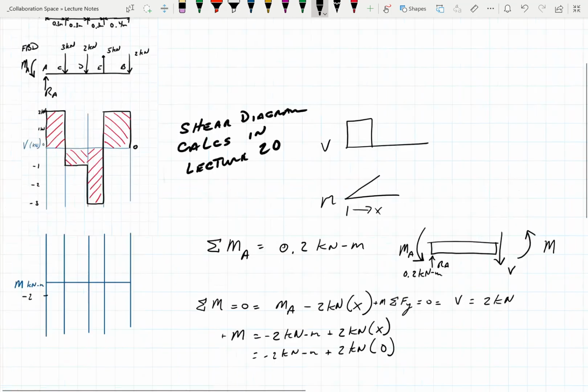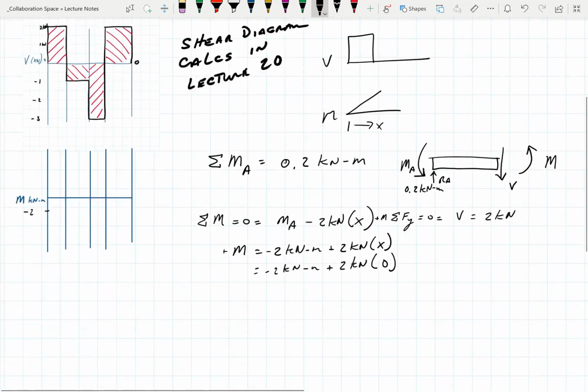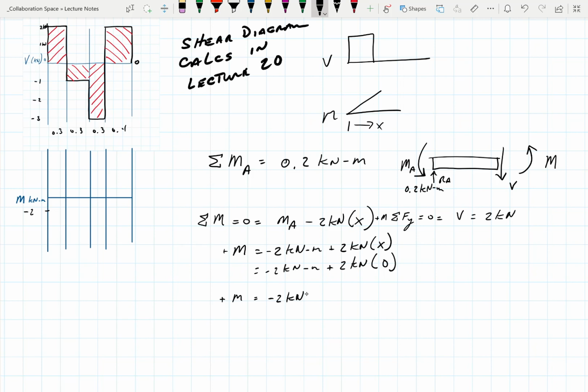Now let's try this one. What were these distances? 0.3. So let's get that back in here. So we got them 0.3, 0.3, 0.3, 0.4. Okay. Now let's try this again, times 0.1 meters.